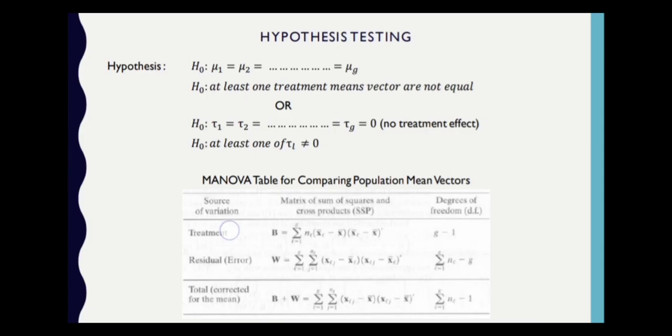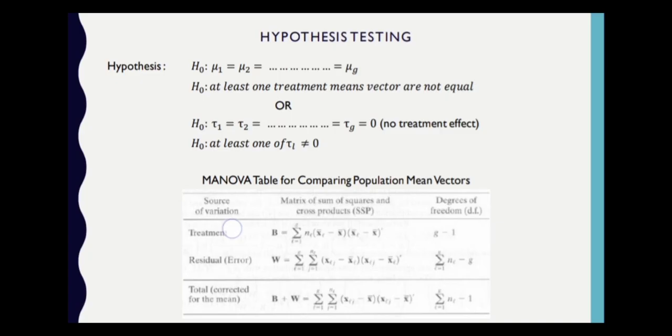The first one, the random vector XL1, XL2 until XLnL are from the sample size of nL with population mean mu L. Okay, for every population. Yang kedua, all the populations have the common covariance big sigma, and each population must be multivariate normal.